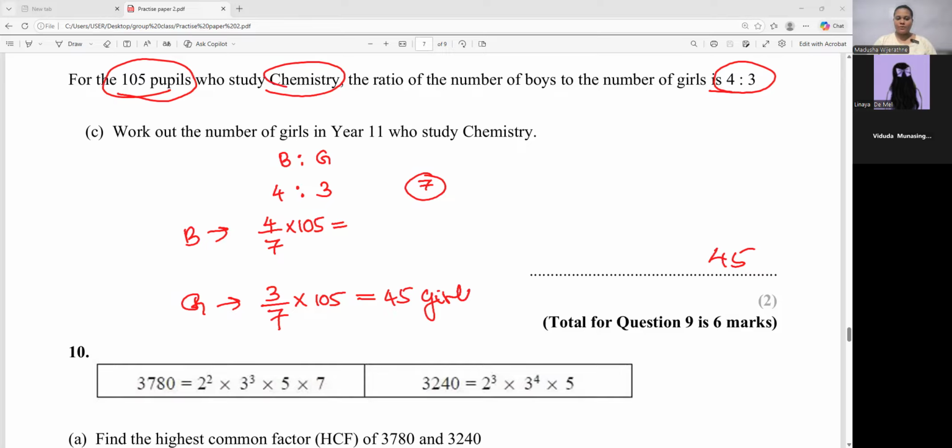If we need to find boys, 4 over 7 times 105, 60. Or 105 minus 45, also correct.